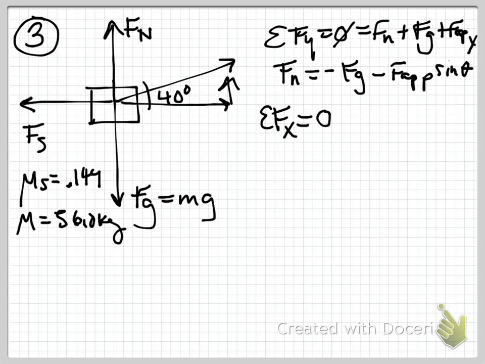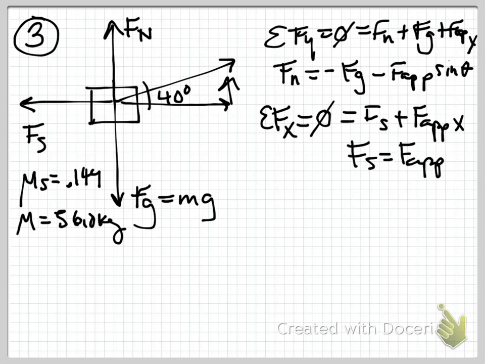So sum of forces is equal to 0 because it hasn't started to move yet. And until it starts to move, applied force on the x is going to be equal to static friction. So what I have, of course, is just the 2 forces, force of static friction and force applied on the x. So force of static friction is equal to the applied force times cosine theta. And of course, applied force is what we're after.